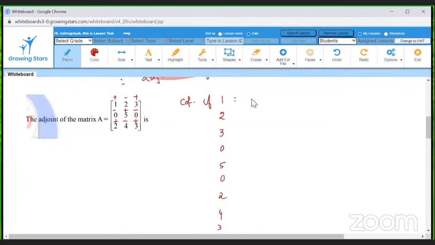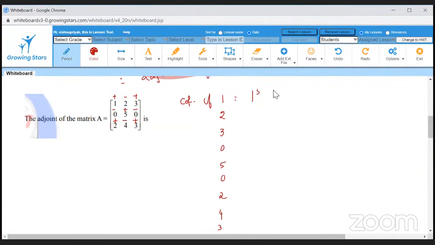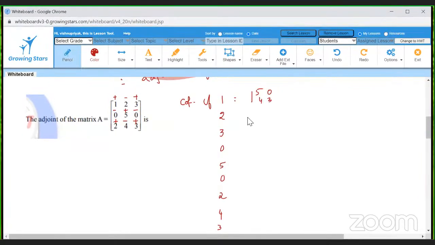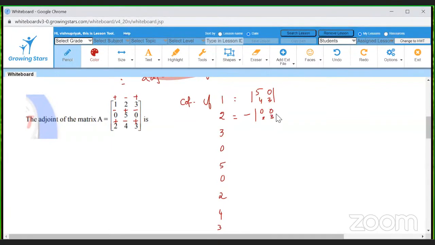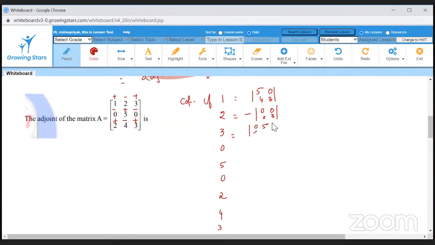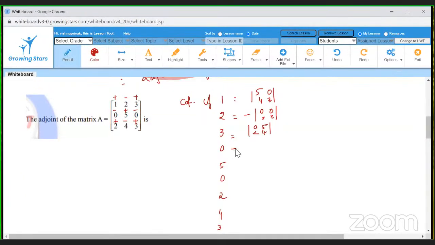How will you find it? For 1, you will write plus determinant of 5043. But for 2, you will write minus 0023. For 3, you will write plus 0524.